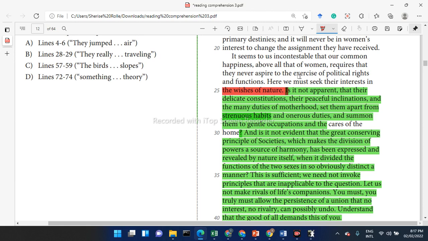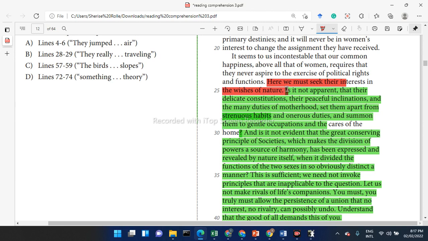He makes sense. Notice the part that I highlighted. He says, here we must seek the interest in the wishes of nature. So he's trying to make the case that if we try to answer the question of should women be involved in politics, we should look at nature and see what nature tells us about the roles of men and women.